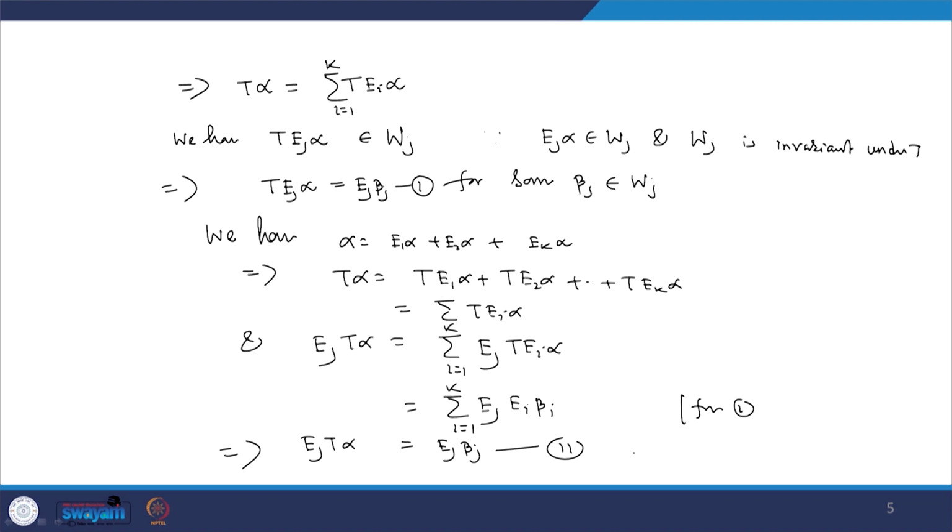So, (1) and (2) imply that E_j T alpha equal to T E_j alpha. So, this implies E_j T equal to T E_j.